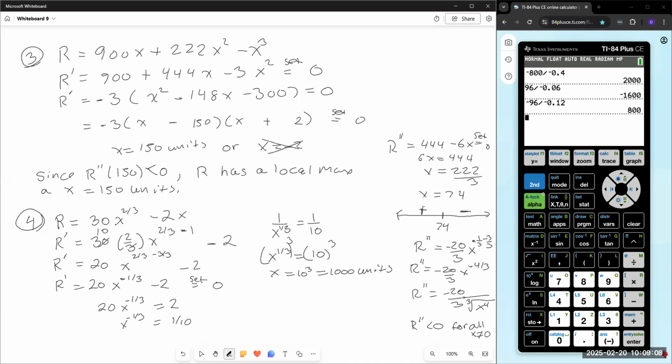So we have, since R double prime of 1,000 is less than 0, R has a local maximum at x equals 1,000 units of production.